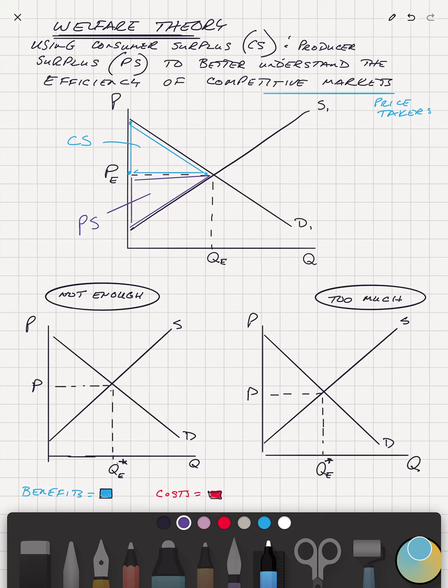You can see there's only one price quantity combination that maximizes both consumer surplus and producer surplus. So these are maximums. Okay, that is efficient.